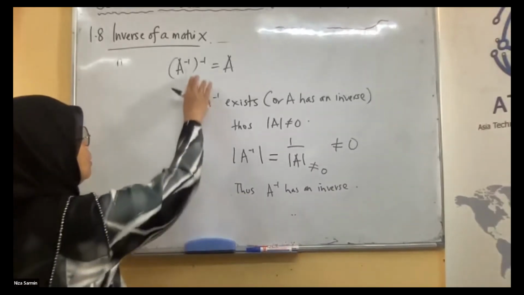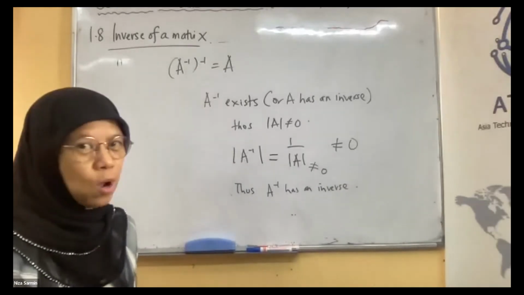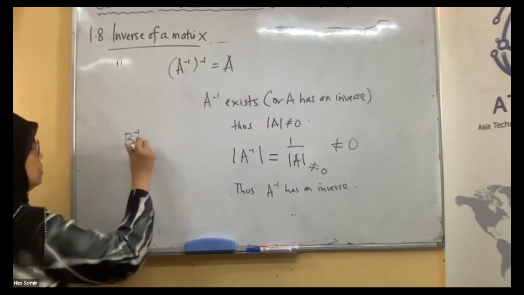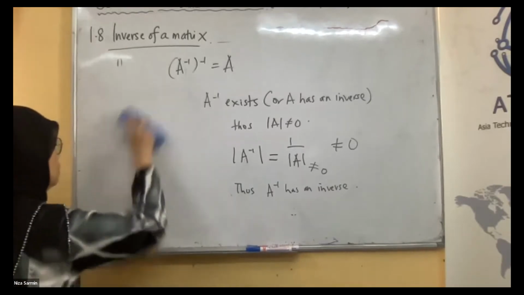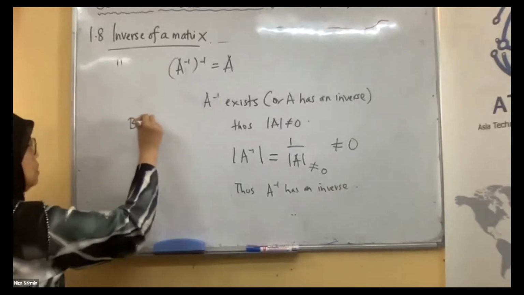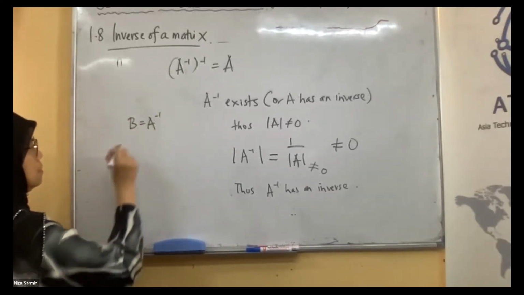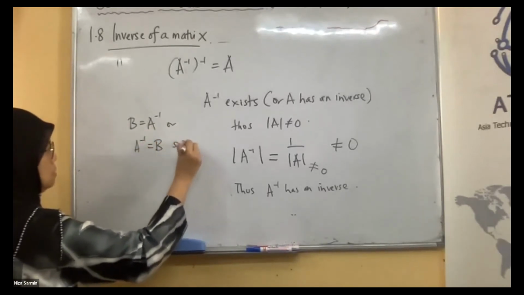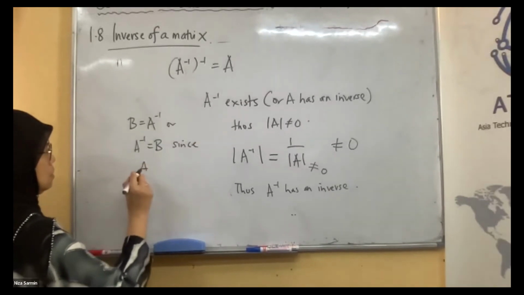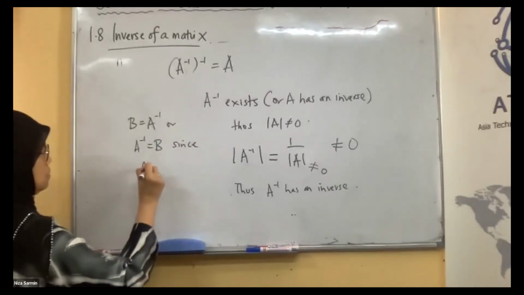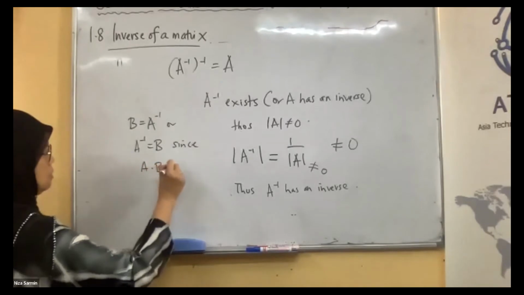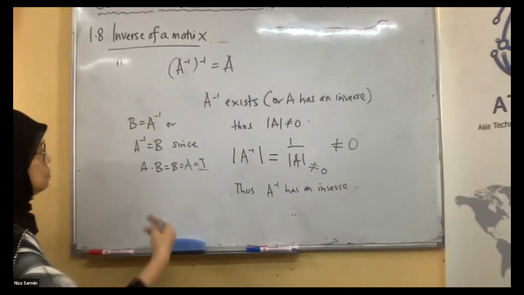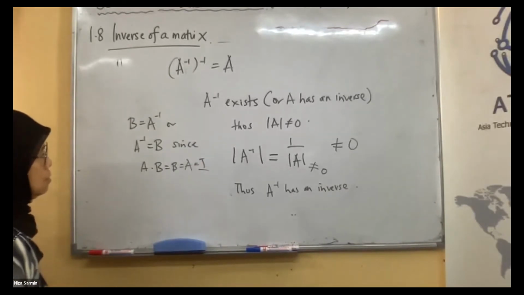Next, we want to say the inverse of the inverse is actually A. Why? You go back to B inverse. Oh, sorry. B is A inverse, or A inverse is B, since A times B, or B times A, is the identity, or A times A inverse is the identity.